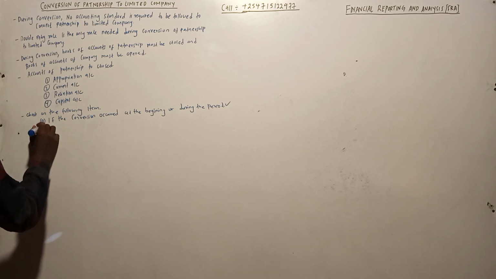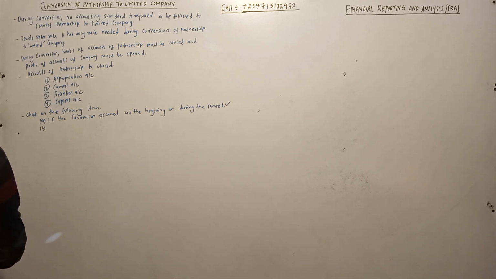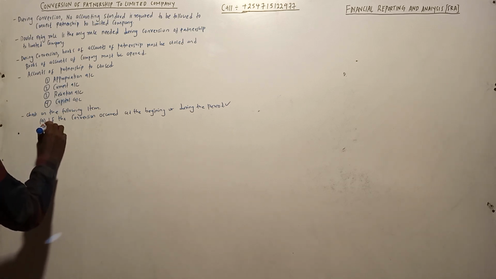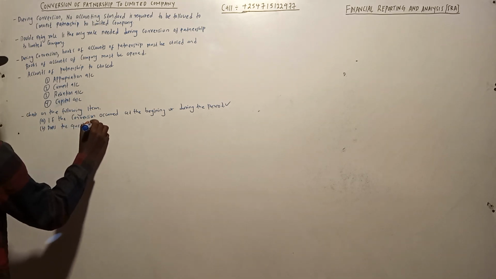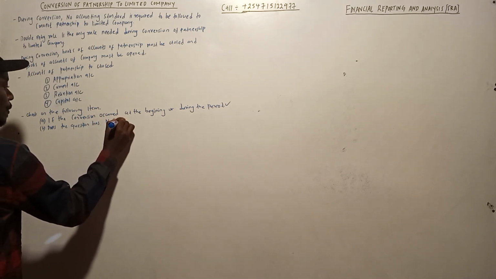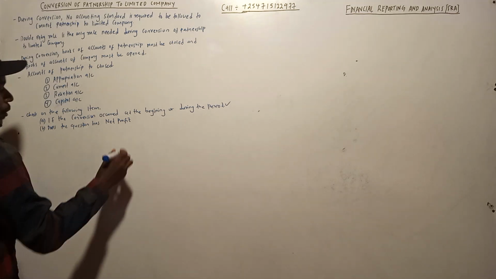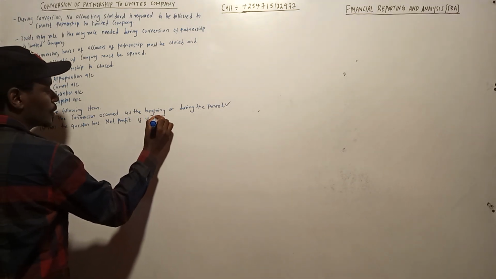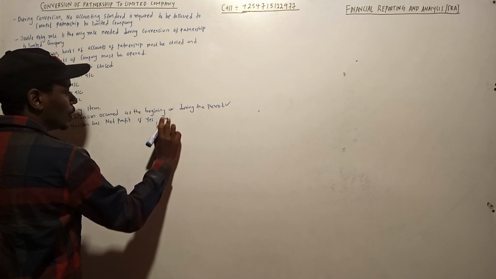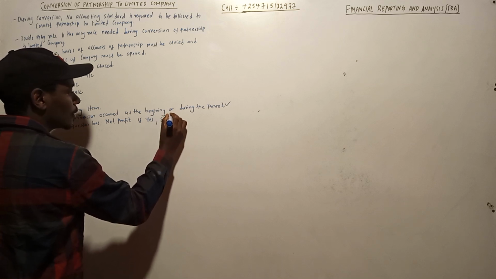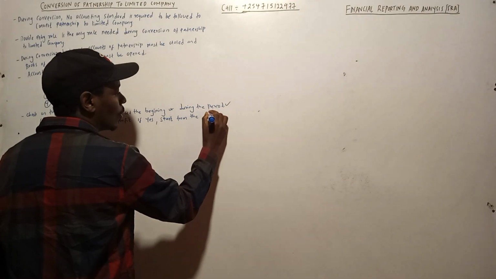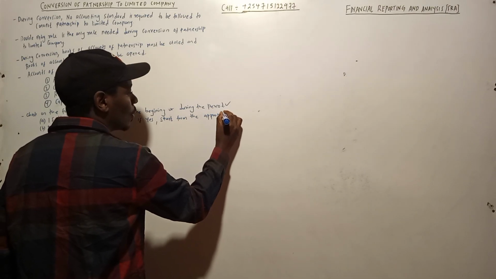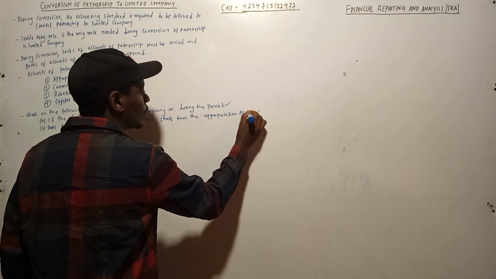Number two, does the question have net profit? If yes, start from the appropriation account.